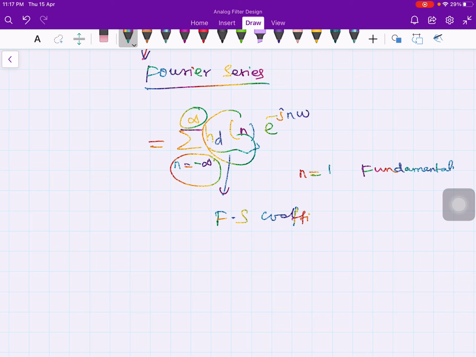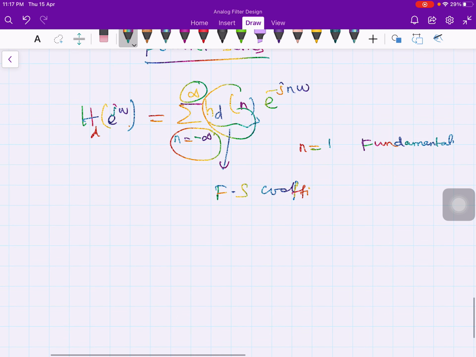So this is the Fourier series expansion, which is the same as the DTFT of the sequence h of n.